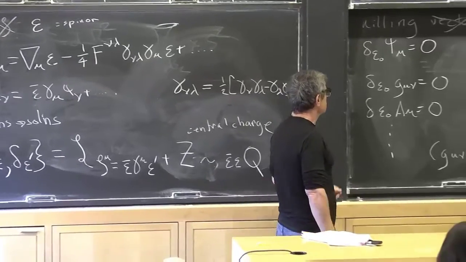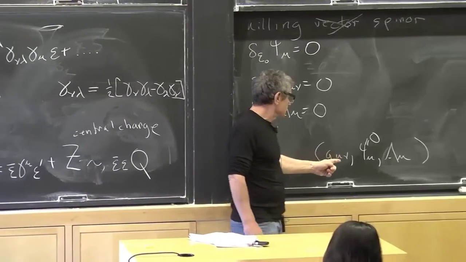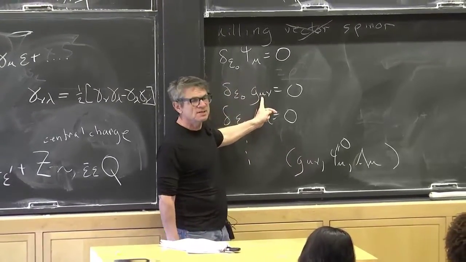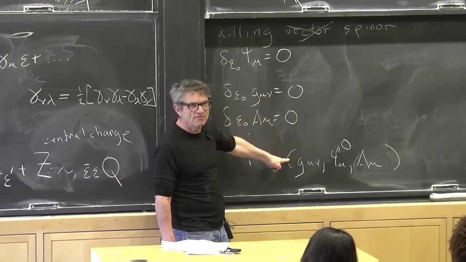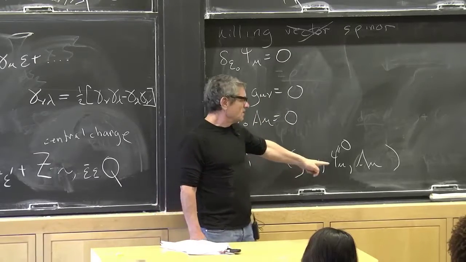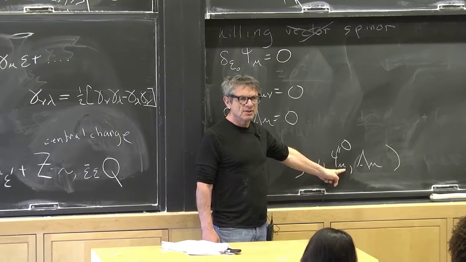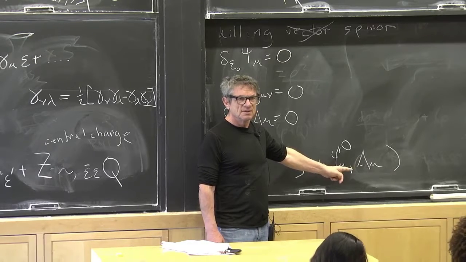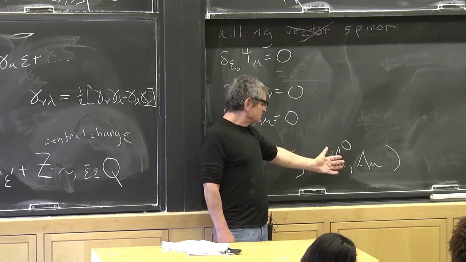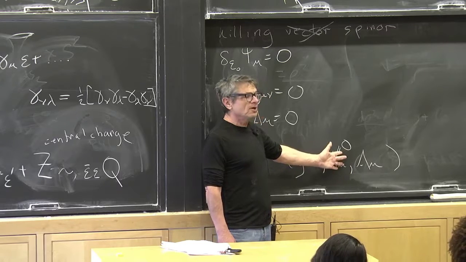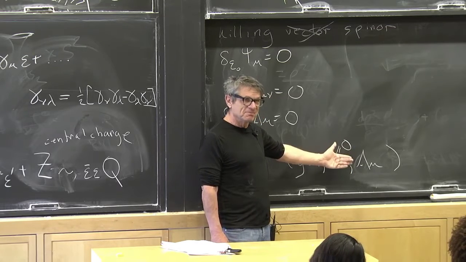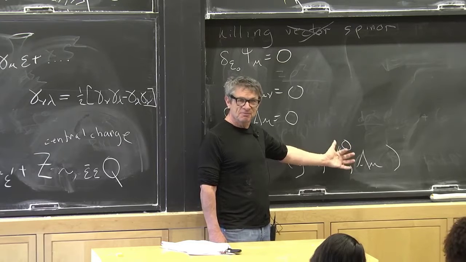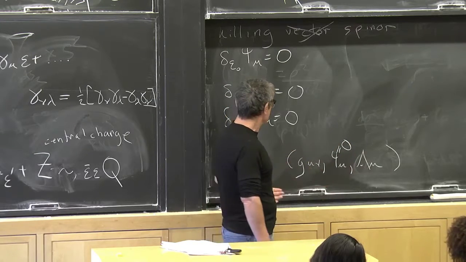Since these variations are linear in the fermion fields, if we're talking about solutions where this is 0, again, you're free to talk about ones where this is non-zero, but most of the interesting things that have been learned have come from the case where these are 0.